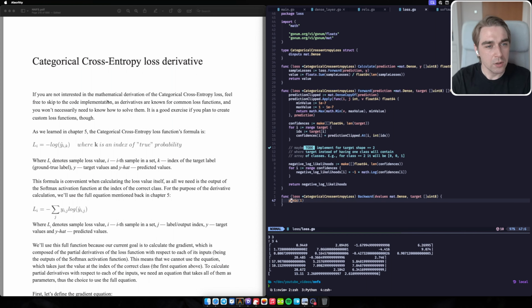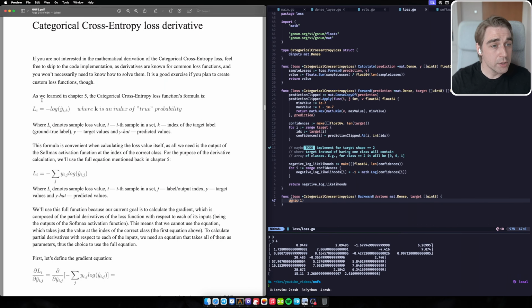If you're not interested in the mathematical derivation of categorical cross entropy loss, feel free to skip to the code implementation, as derivatives are known for common loss functions and you won't necessarily need to know how to solve them. It is a good exercise if you plan to create custom loss functions, though. I will still go and try to understand the math behind this.